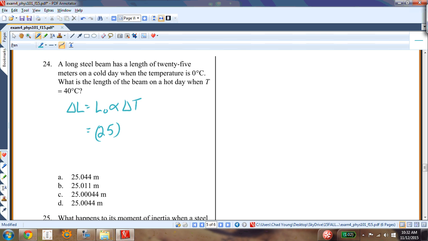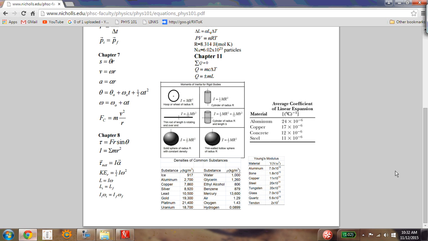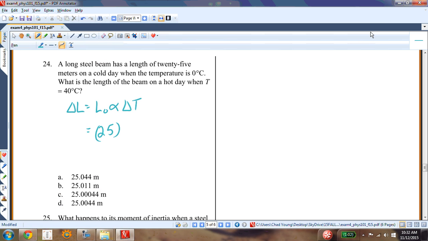Alpha for steel, go back to my equation sheet, is 11 times 10 to the minus 6. And delta T is going from 0 to 40, so it's 40 degrees Celsius. We get 0.011, so the new length is going to be 25.011.